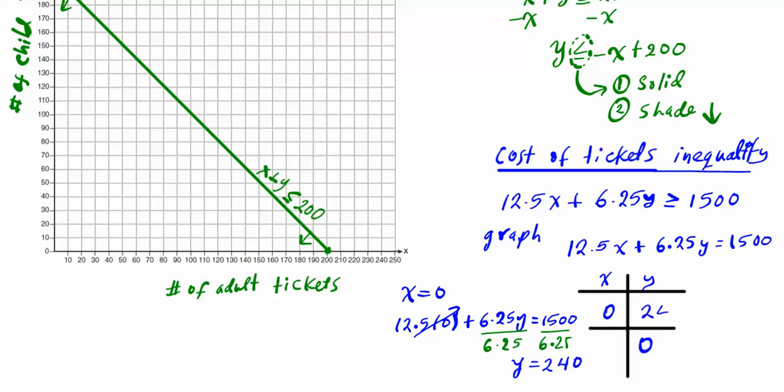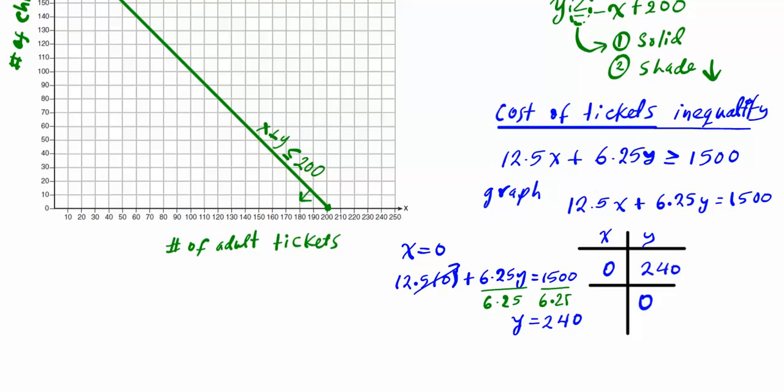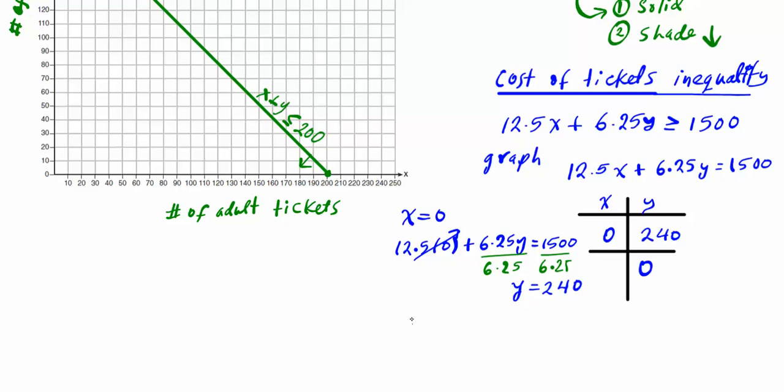And then to get your x-intercept, what do you do here? You set y to 0 and you find x. Okay? So 12.5x plus 6.25 times 0 equals 1500.